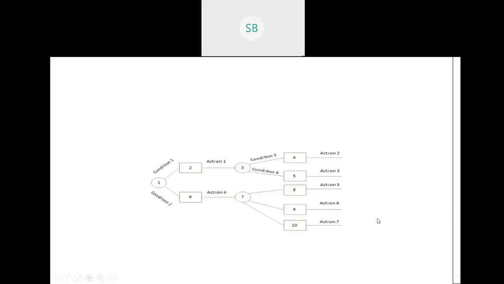Okay, you can see the diagram for this decision tree. I told you, circles mean the condition and the square node means the action. So this is just a basic diagram of it.